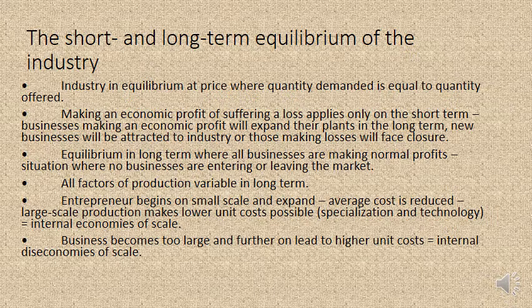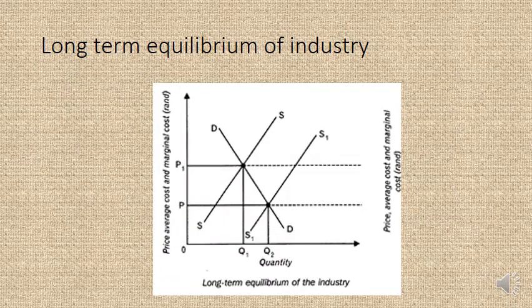So let's have a look at the long-term equilibrium of the industry. Please remember it's a perfect market, so equilibrium price is determined by supply and demand. Let's say you've got your original demand curve and your original supply curve.